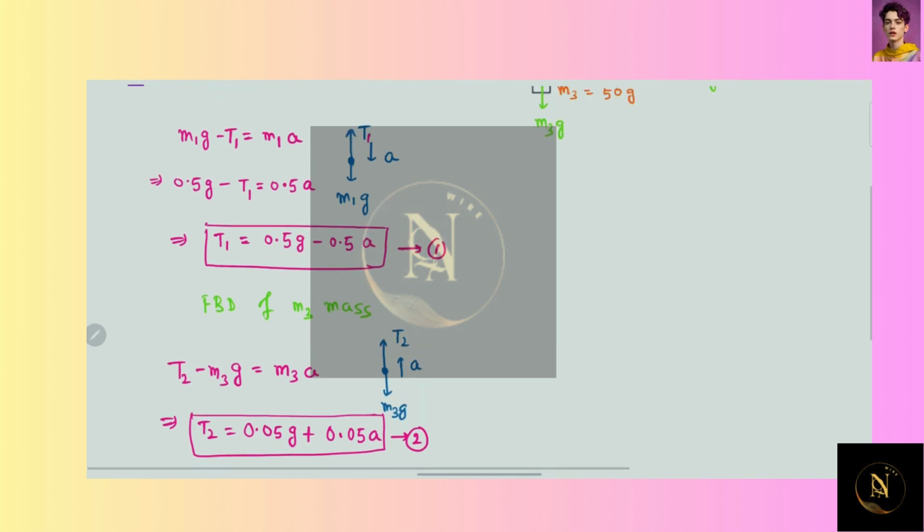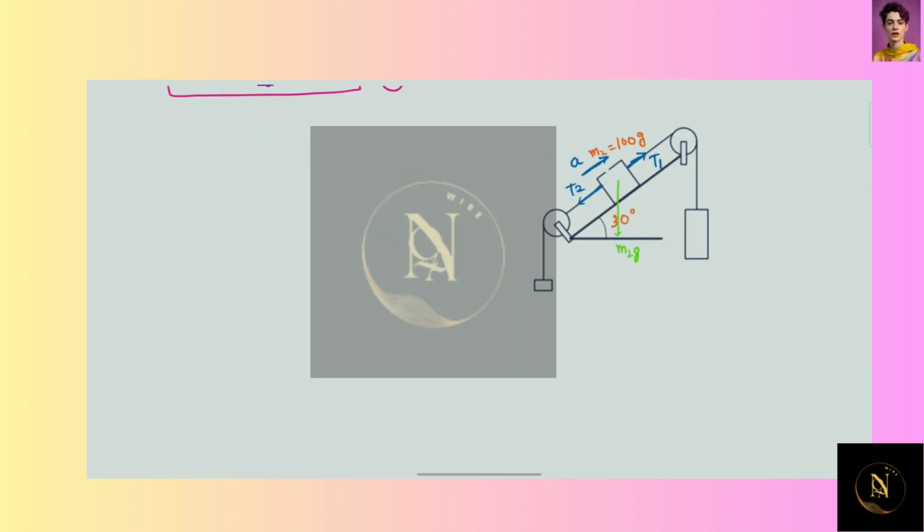Now for this M2 block, the weight M2G will have two components. One will be M2G cos theta, perpendicular to the inclined plane, that will be M2G cos 30, and one more force will be acting in this direction, that will be M2G sin 30.